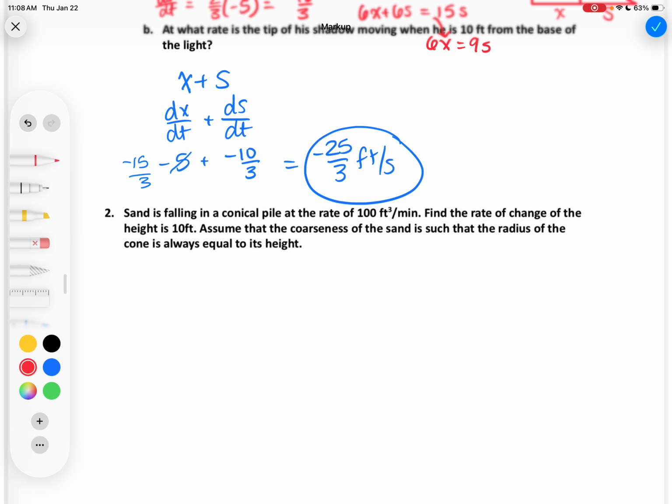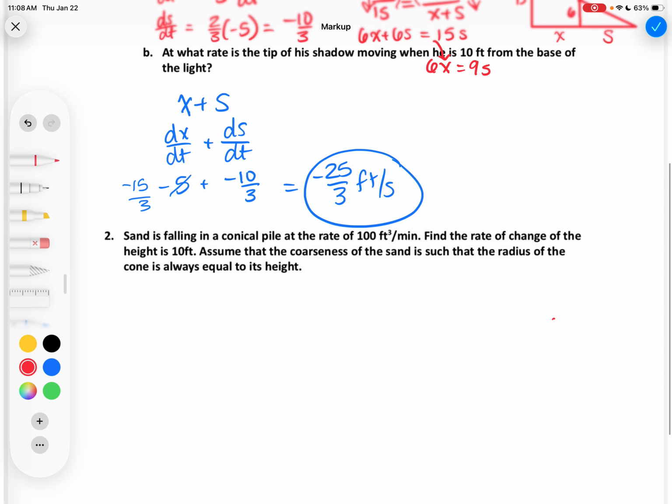So basically, in both this one and the one above, they probably would have drawn a picture for you, but anyways, we're doing it as if they didn't, because if you can do it without a picture, you can pretty much certainly do it with the picture.